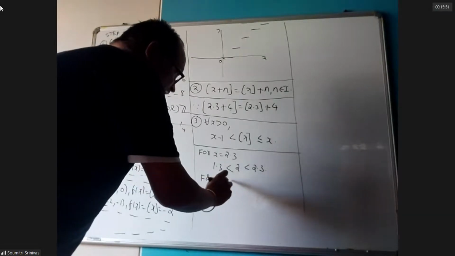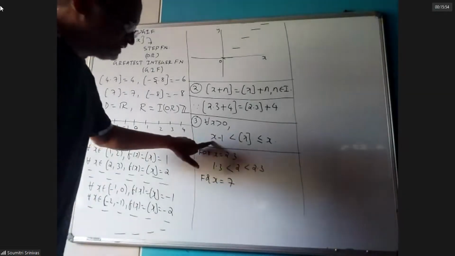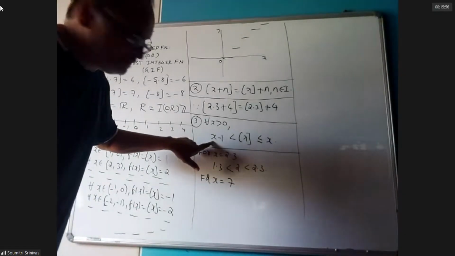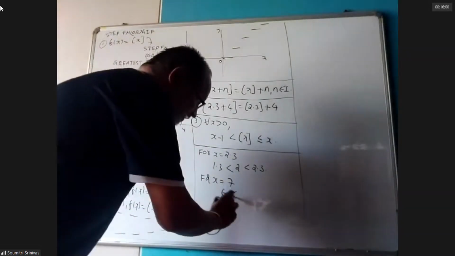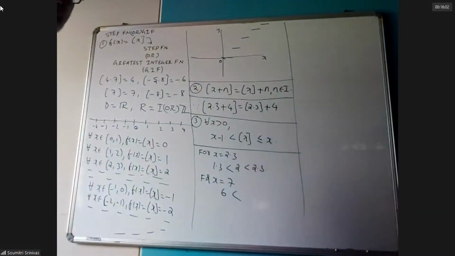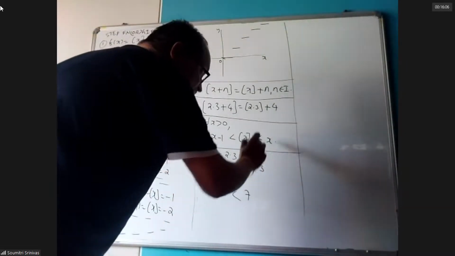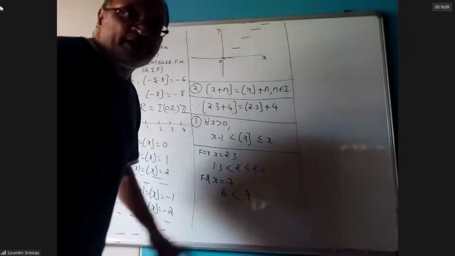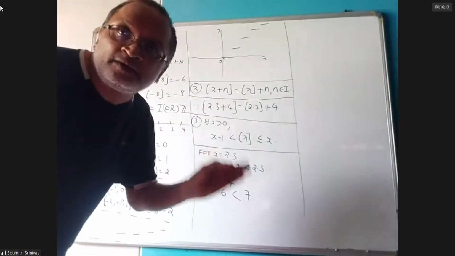For x equal to 7. What's the left-hand side? 6, less than step of 7, which is 7, less than or equal to 7.